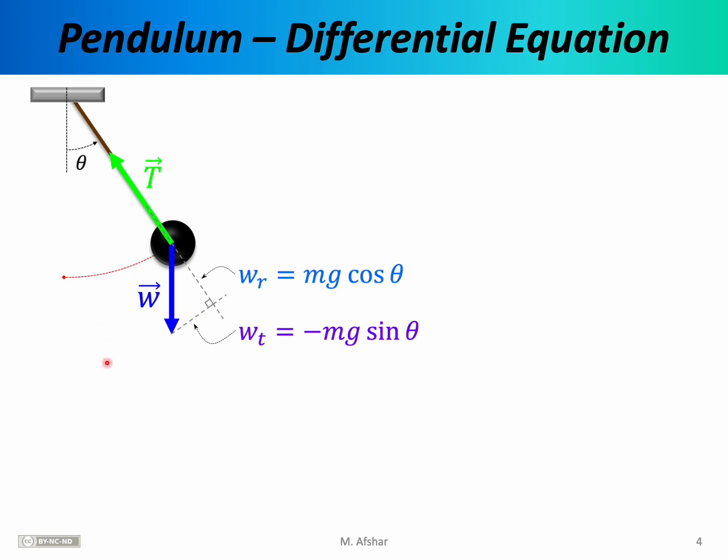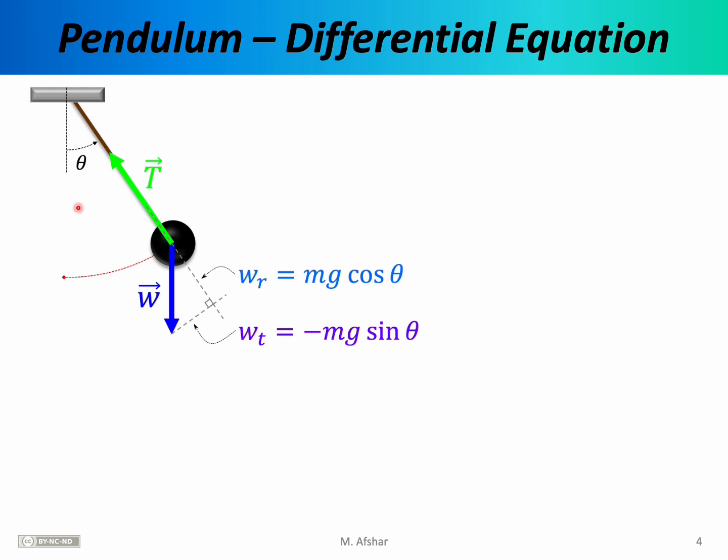The situation for weight is a little more complicated because it has both a radial component and a tangential component. To figure out those components, we draw a right triangle where the weight vector is the hypotenuse of that triangle, and then with a little bit of trigonometry, we can calculate the radial and tangential components.